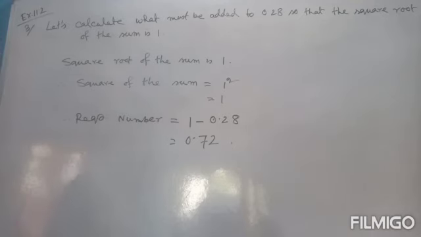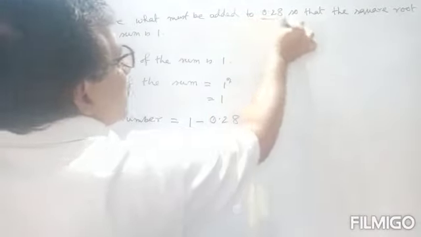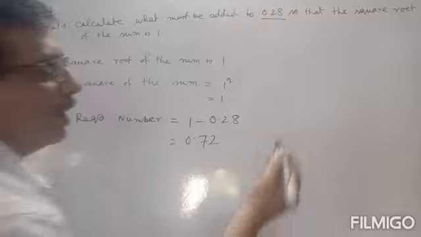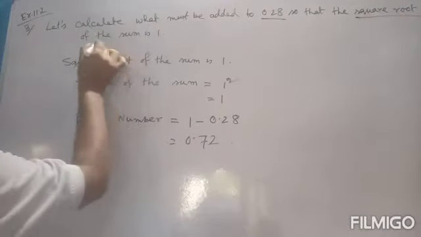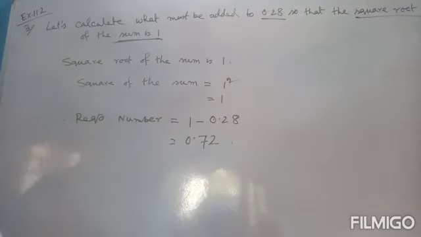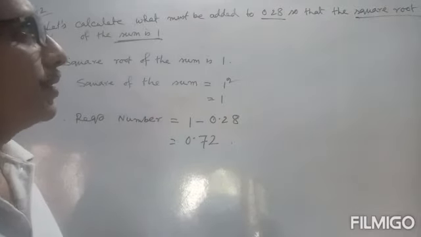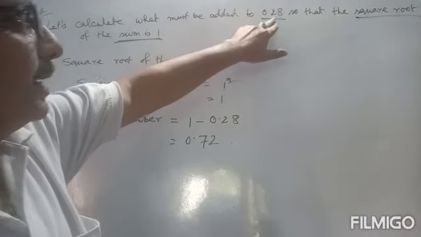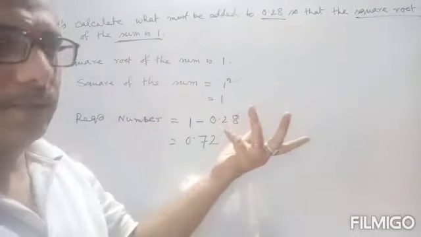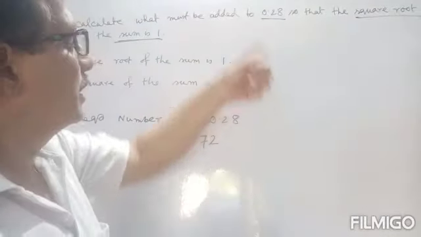Next, question number 3 of that same exercise. Let's calculate what must be added to 0.28 so that the square root of the sum is 1. If we add some number to this and take the positive square root, obviously, then we get 1.